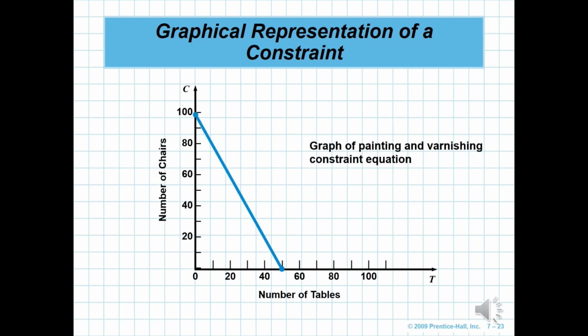So for the second constraint, we assume we produce 0 chairs, then we get 50 tables. If we produce 0 tables, we get 100 chairs for the painting and varnishing constraint equation. So each constraint must be drawn in this graph.